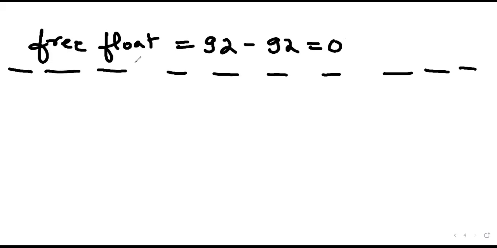Okay. So next topic, we are going to discuss the independent float. Here, the parameters which are considered for independent float are slightly different from what we considered in the free float calculation.